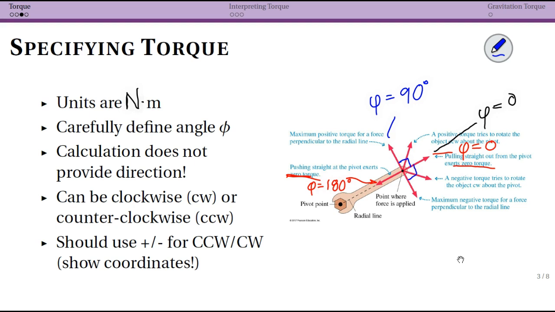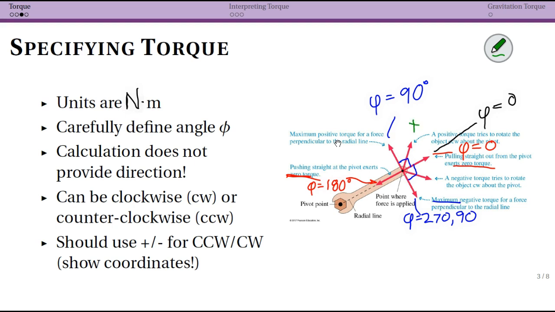This, you could call this 270, or you could call this 90, depending on which way you want to measure your angle, and this is again maximum. So then, when we consider these final two things here, we see that if I exert my force this way, that would be rotating my wrench in the counterclockwise direction.